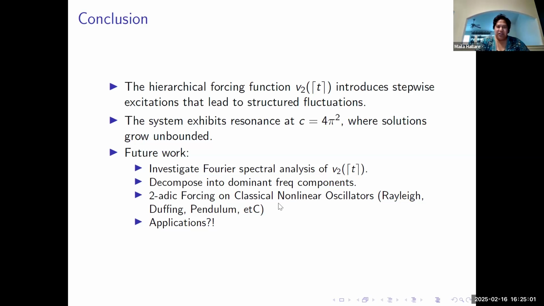And as we know, for some classical nonlinear oscillators, we can see chaos. And I am imagining that with a classical nonlinear oscillator with a 2-adic valuation as a forcing, then it'll be fascinating. And of course, applications.